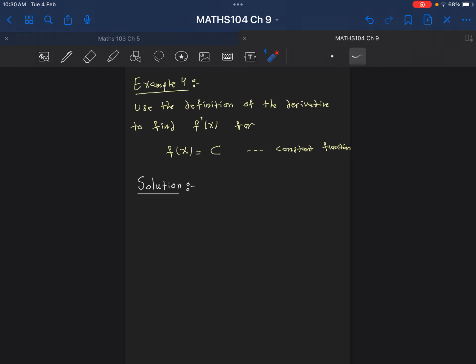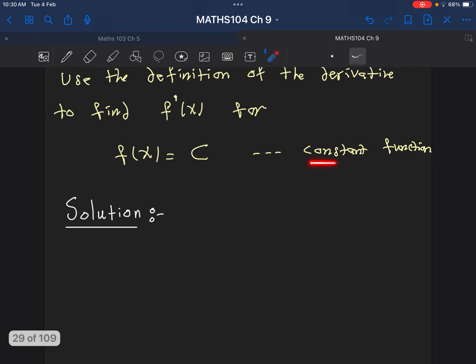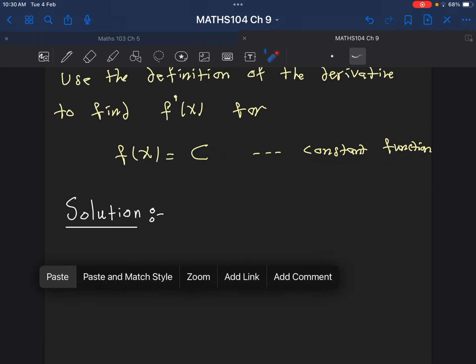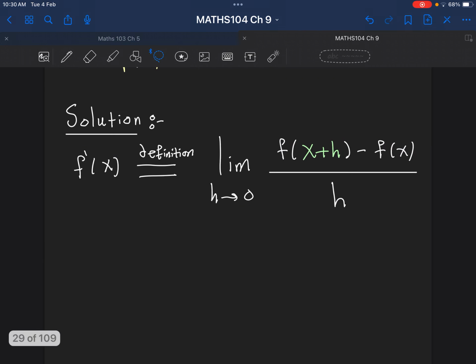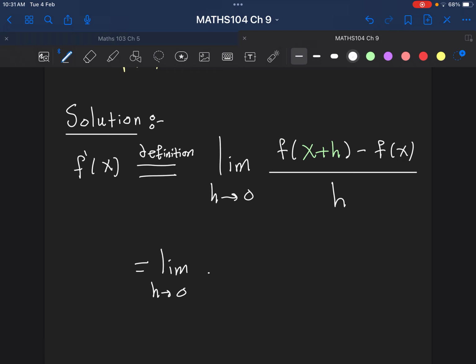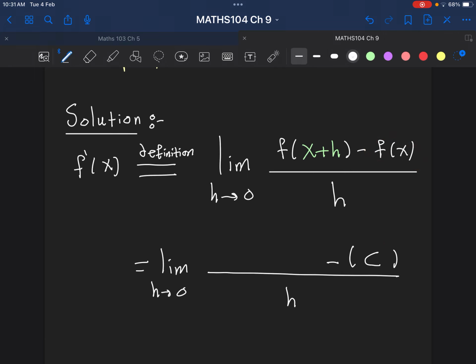We have to find the derivative using the definition, but this time f of x is a constant function. So it has no x. Let's see what will happen. And this will be a rule and a formula that we need to memorize because it will make things easier. So if you remember what we need to do, first step, we write h here, and here we need to write f of x as it's given to me in the question.